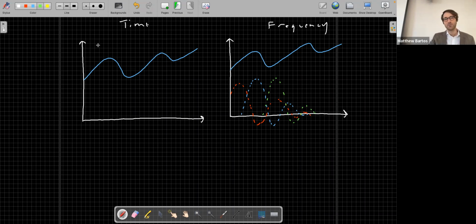That kind of asks the question, what basis were we in before? So if the frequency domain is the basis of complex exponentials, what is the time domain composed of? Anyone want to guess? Sorry?